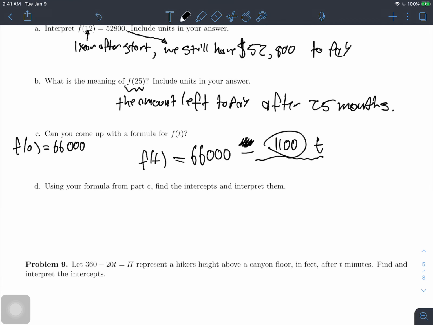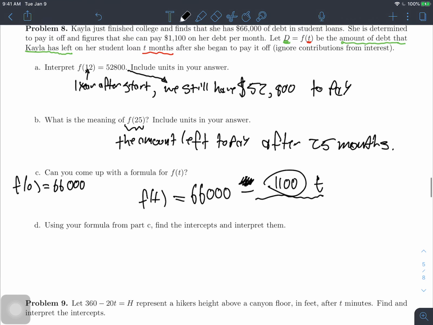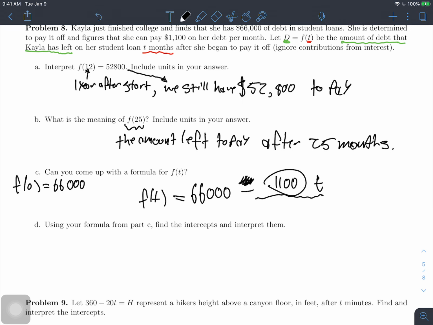All right, using our formula for part C, find the intercepts and interpret them. Okay, well, we already found one intercept. f of 0 equals 66,000. Now, is that going to be a horizontal intercept or a vertical intercept? If we were to graph this, what goes on the left and right axis?